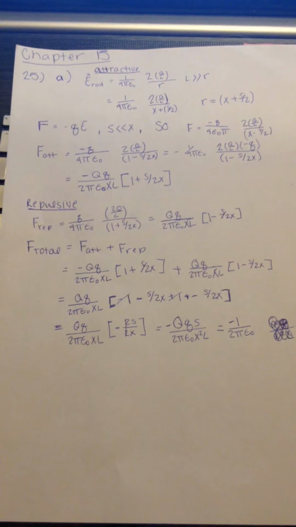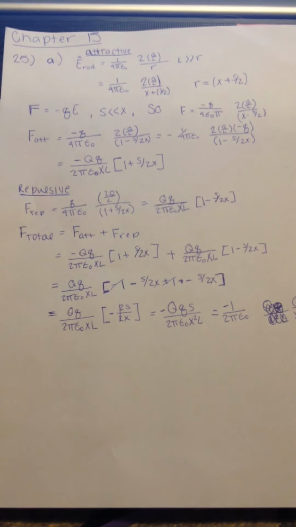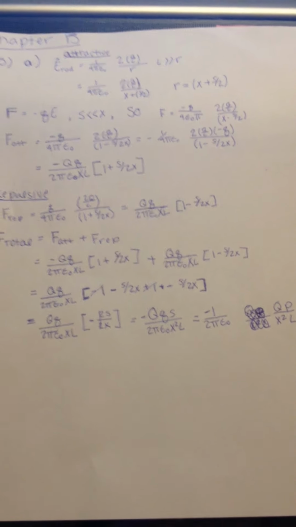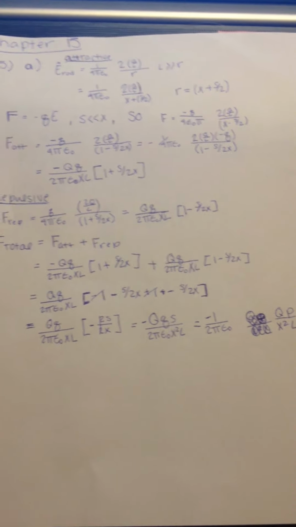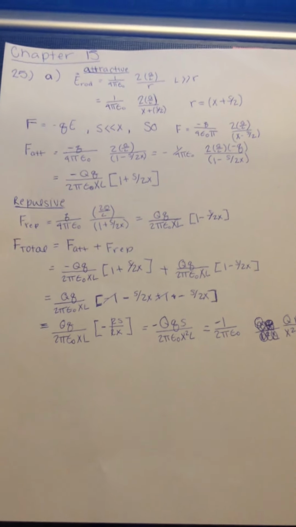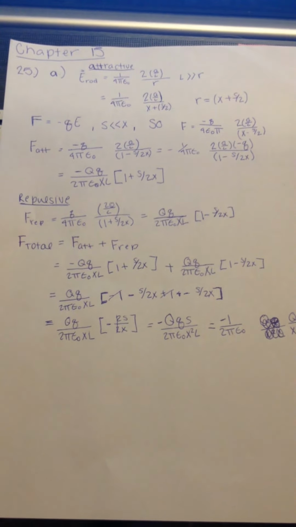Multiply E times positive q, because don't forget the repulsive force is going to be positive since we have that positive rod. Then, to find the total force acting, we use the superposition principle, just like we do everything else: the attractive force plus the repulsive force.